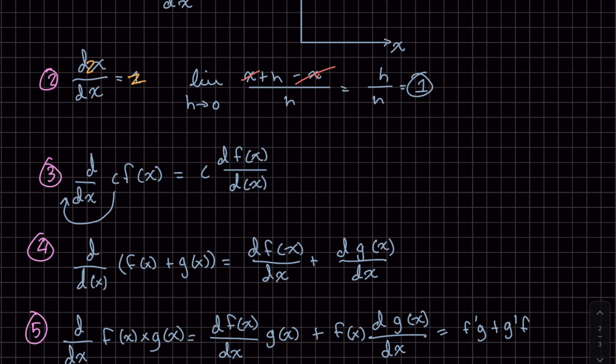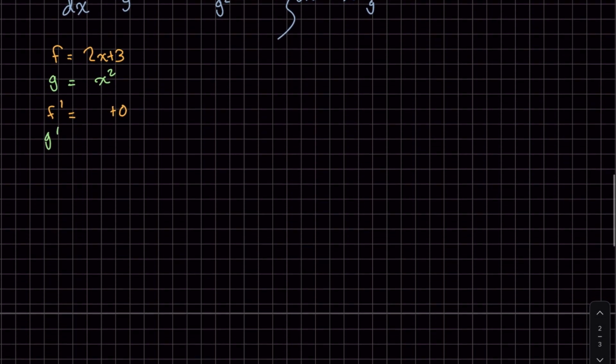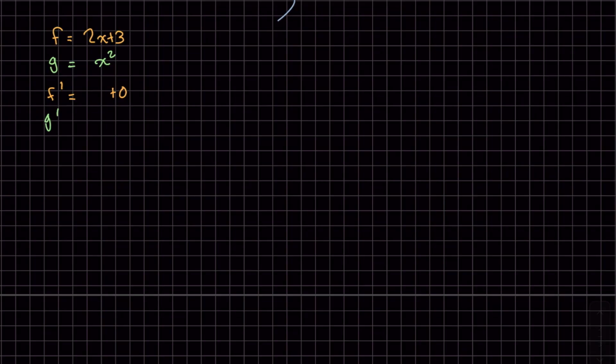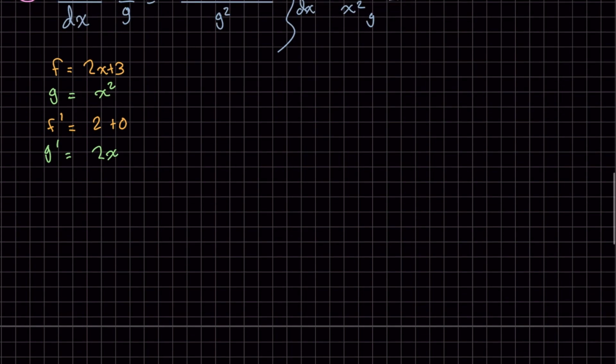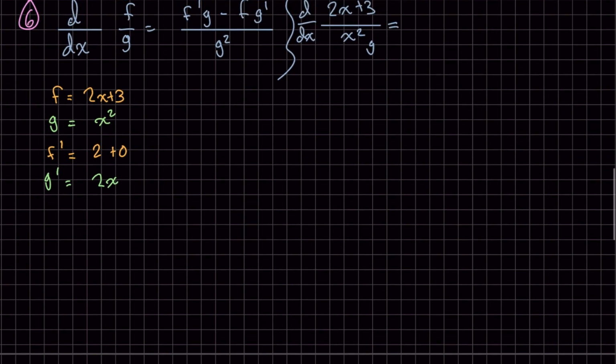We know just that if you are taking the derivative of any constant multiplied by x, it's just going to be the constant in front of that x. So this is going to be 2. And we already figured out the derivative of x squared, and that's going to be 2x. So we have our f prime and g prime here.